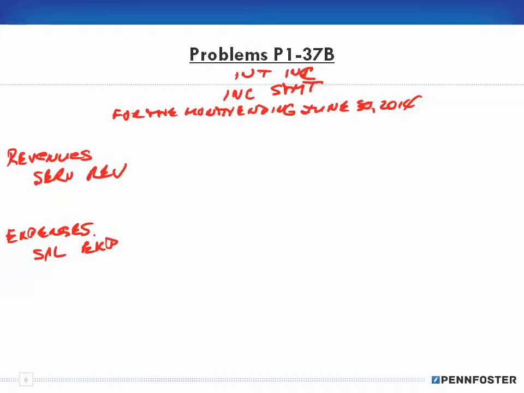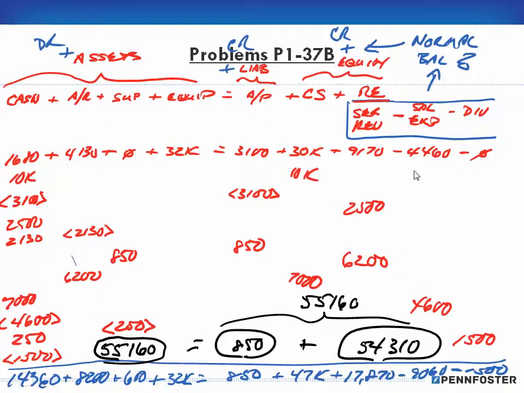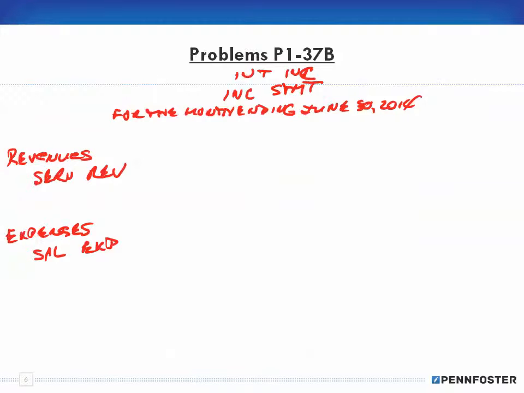Because we only have one account of each, we only need to use one column. If you look back, for our service revenue we had 17,870, and for our salary expense, we had 9,060. So we're going to put that in one column.